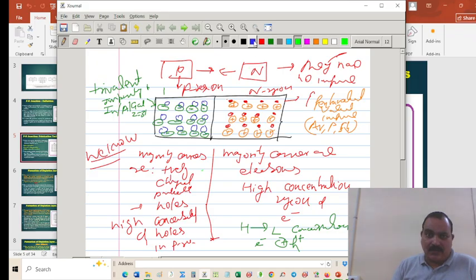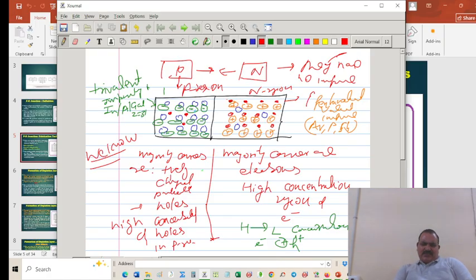One more thing is there: along with the majority carriers, there are also minority carriers. On the N side, the minority carriers are holes, and in the second section, I want to give the color, the electrons should be the minority carriers there, like this.